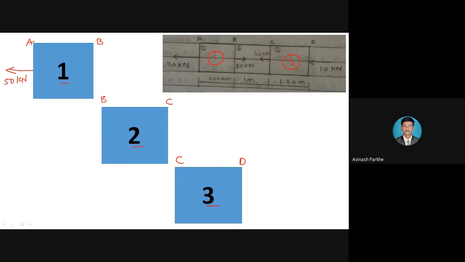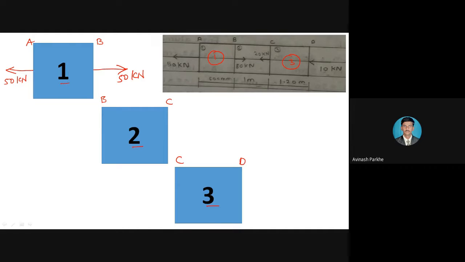So that 50 kilonewton force I have taken as it is on the left side of the section. Whichever side the external load is applied, on the same side in this second figure I have applied the 50 kilonewton force. Whatever external loads are applied on section number 1 at the left side, the same load we have to apply on its right side with the same magnitude, 50 kilonewton.